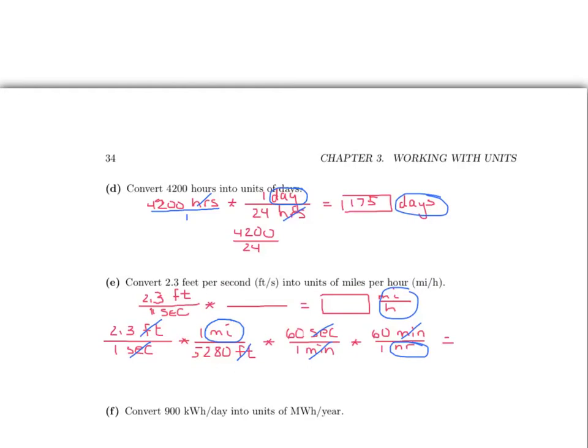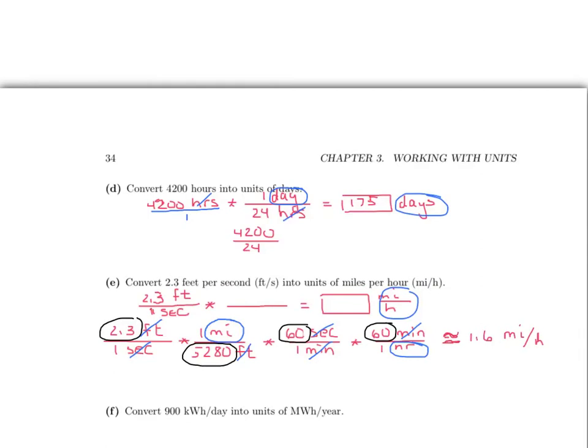So to find the numerical value, we have to take the 2.3, multiply it by the 60 and another 60, and when we're done we divide by 5,280. So when we do that, we arrive at an approximate value in this case. So this is just going to be an approximation here. We arrive at an approximation of 1.6, and the units are miles per hour.